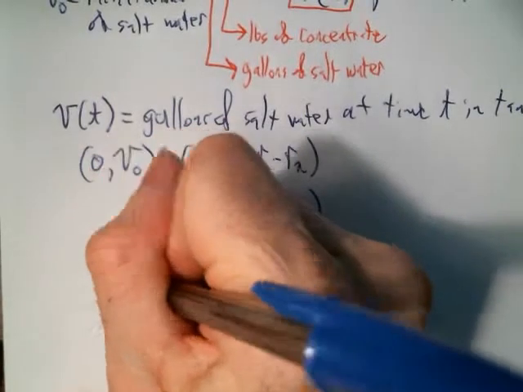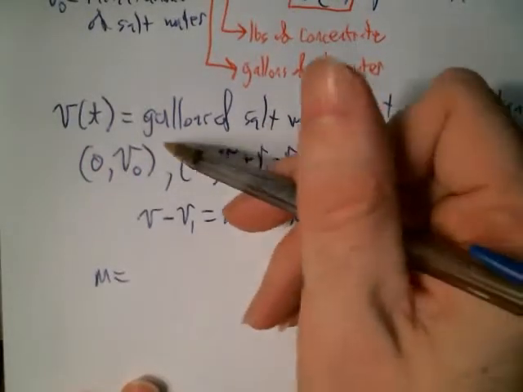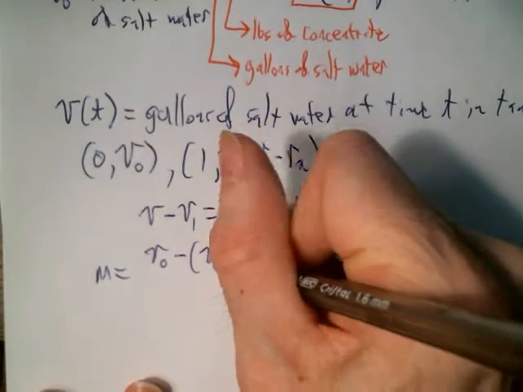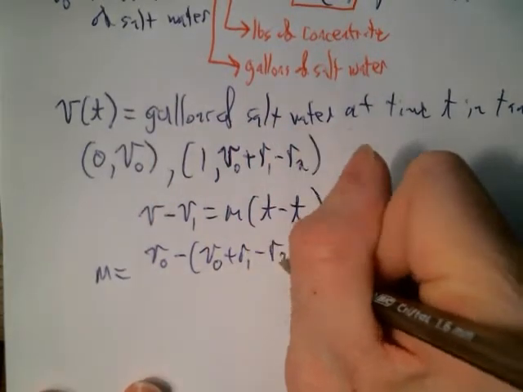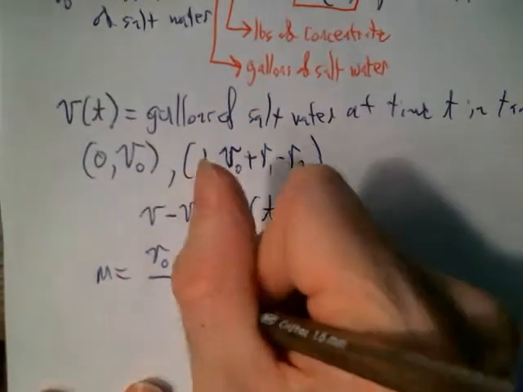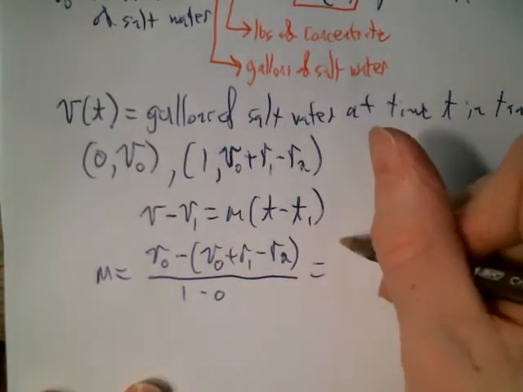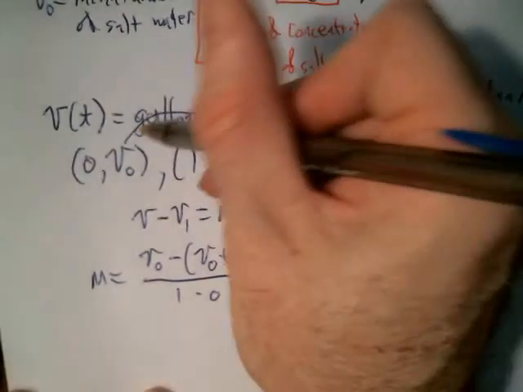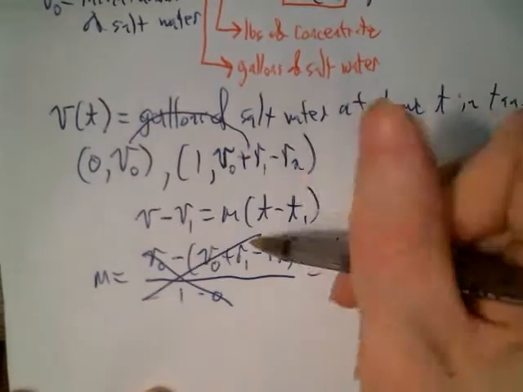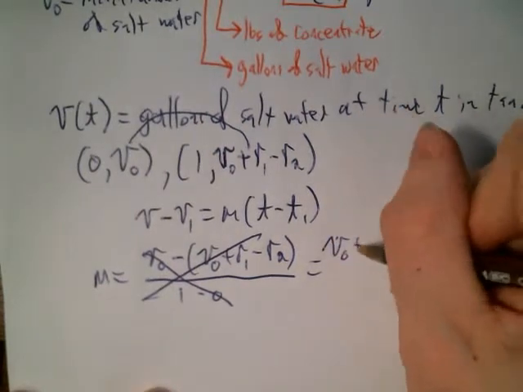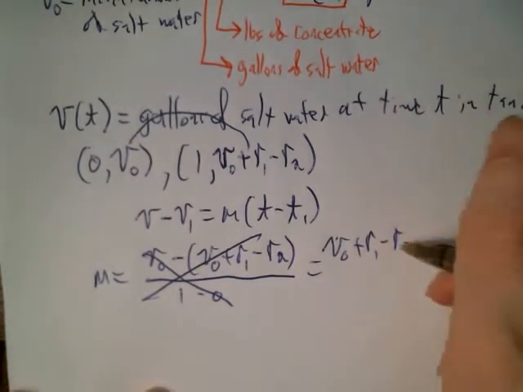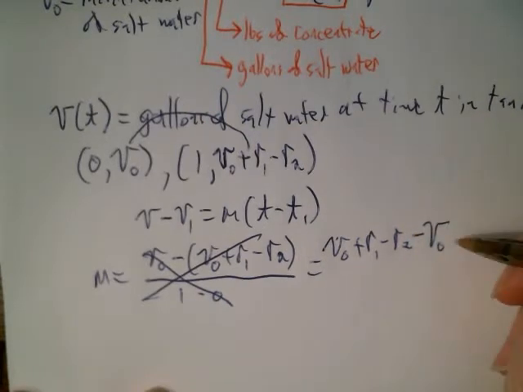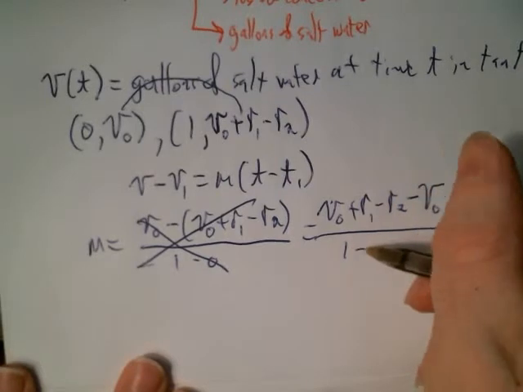The slope from these two points is the second minus the first: V sub 0 plus R1 minus R2 minus V sub 0, all over 1 minus 0.